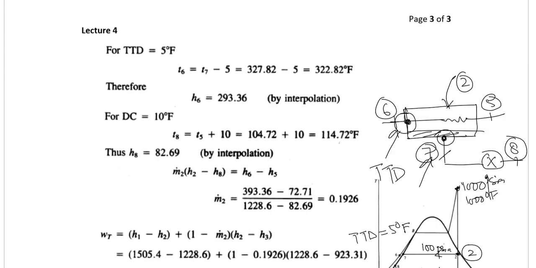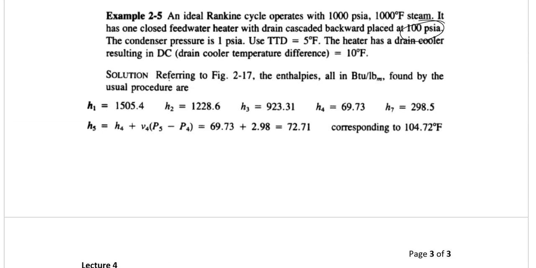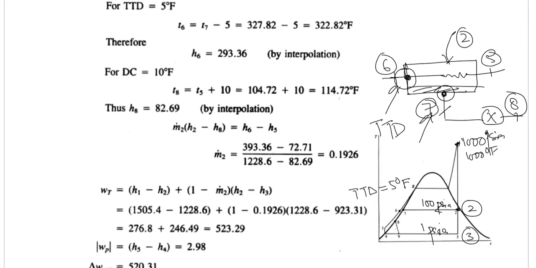Also, in this question there is a drain cooler installed as well. What actually is the purpose of the drain cooler? Once you are exiting at 7, there would still be some heat inside the condensate. The drain cooler would be installed after 7, somewhere like this.